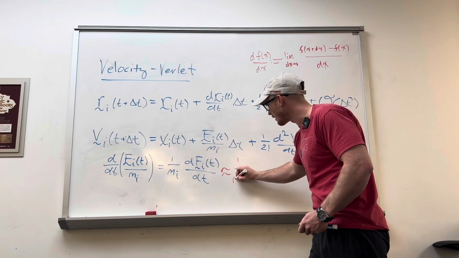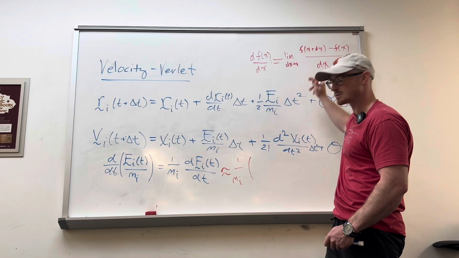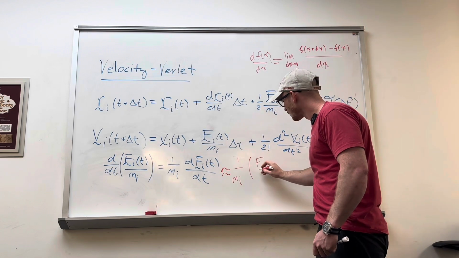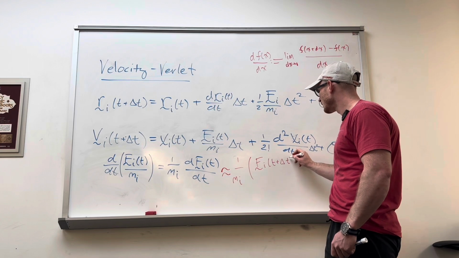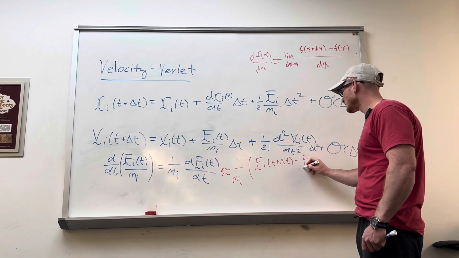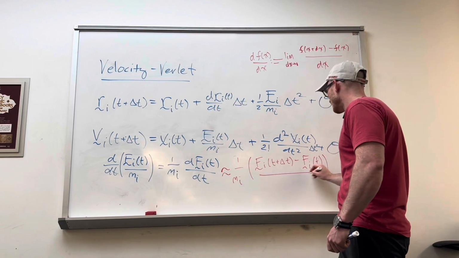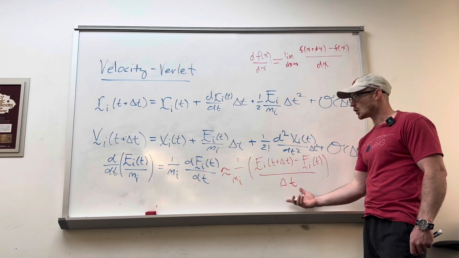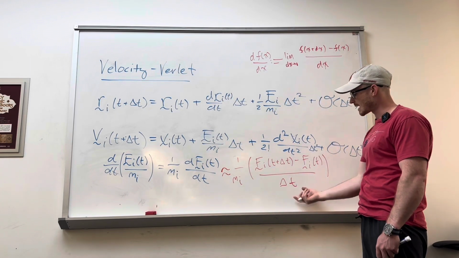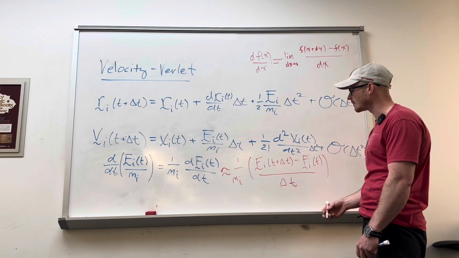as 1 over mi times, in this manner, fi of t plus delta t minus fi of t over delta t. So you can see this is the definition of the derivative without this limit, because we're now in a discrete increment in time here.